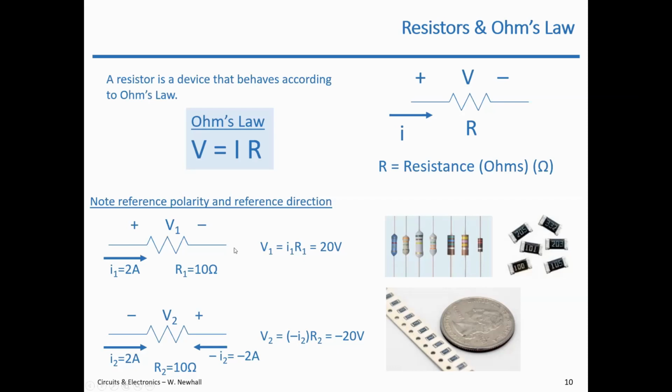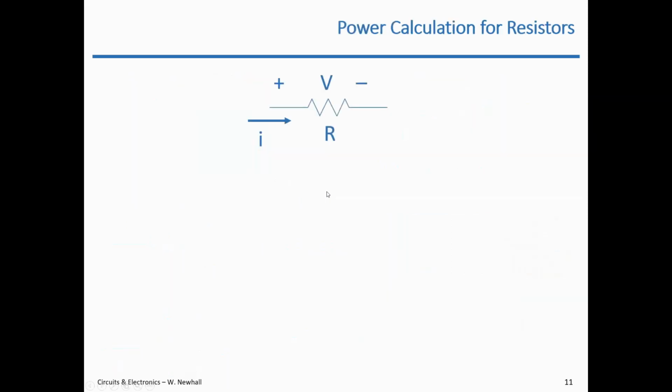But really what you use resistors for is this V equals IR characteristic. We will see later that you can control the gain of amplifiers with a resistor value. And so that's all based on this Ohm's law characteristic, and we'll get to that. So they are useful. They dissipate power.